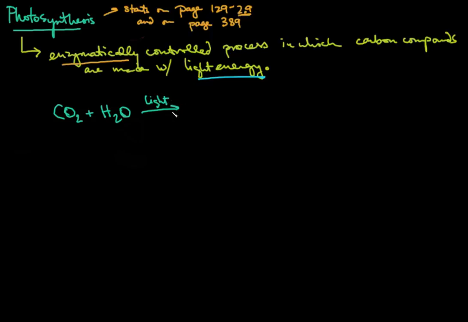And I'm going to put that over the arrow because it's matter and not energy. And what the plants make in this photosynthetic process is glucose, C6H12O6, plus oxygen gas, or O2, right? So that's the general equation.